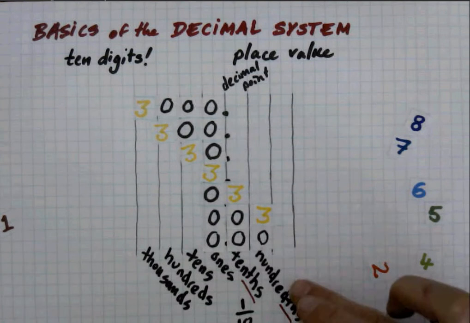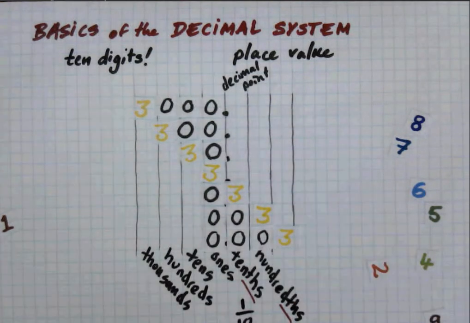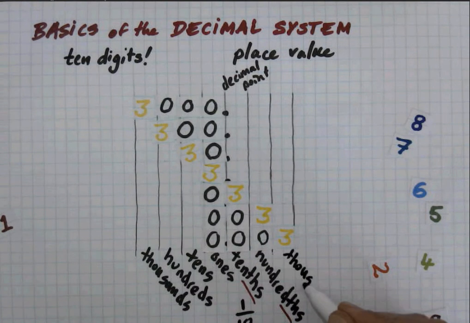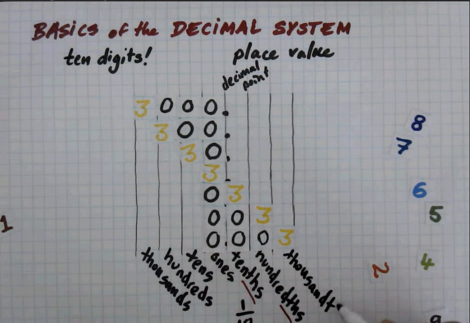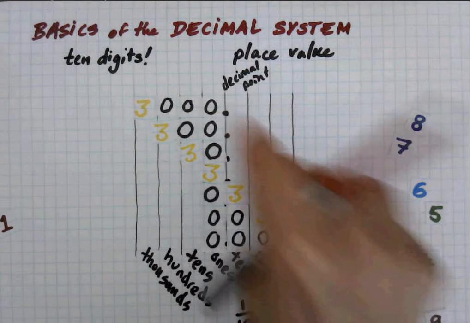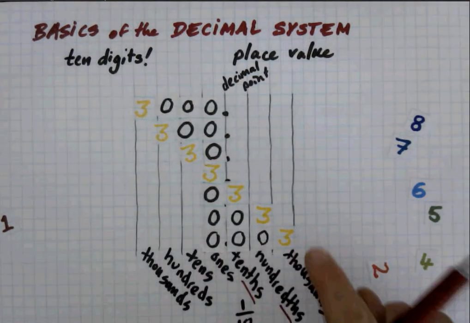And just for a little thinker of a question before we end this video, we might wonder how many times smaller than 3,000 is 3/1000ths. You pause and think about that for a second. As I move from place to place, I'm getting 10 times smaller.